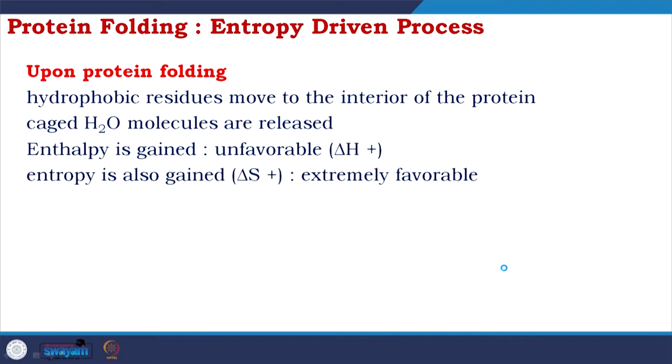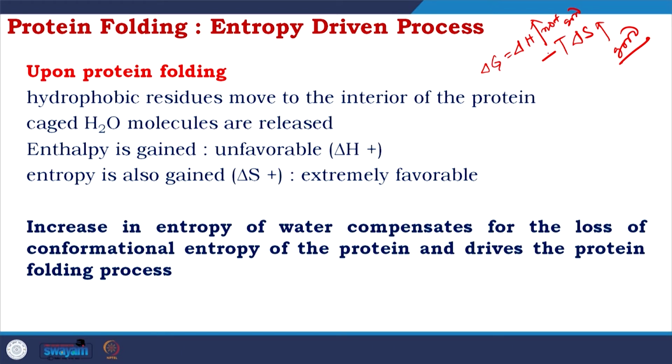Entropy is also gained, which is extremely favorable, because you know this is del G equal to del H minus T del S. So, when this is gained it is not good, but when this is gained, this is good, because if it is minus, then it would be contributing positively. Increase in entropy of water compensates for the loss of conformational entropy of the protein and drives the protein folding process.